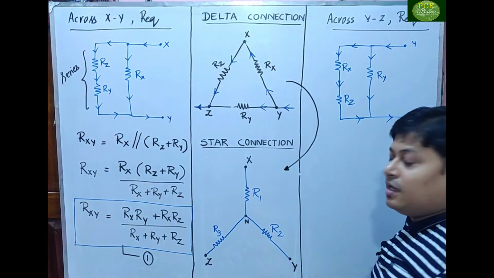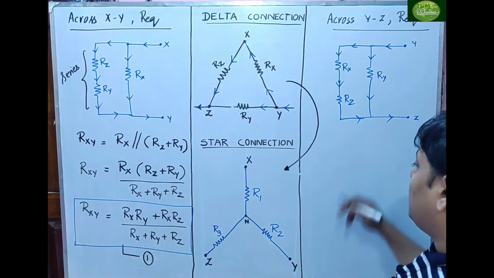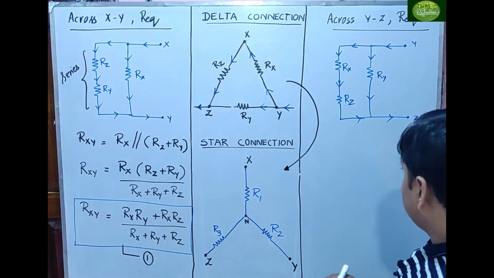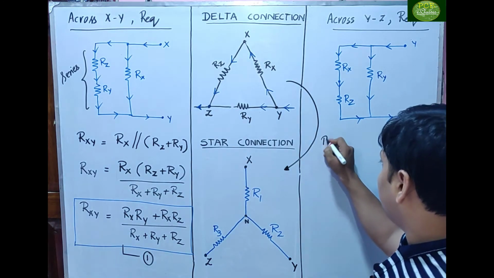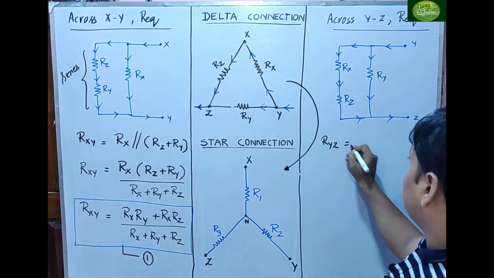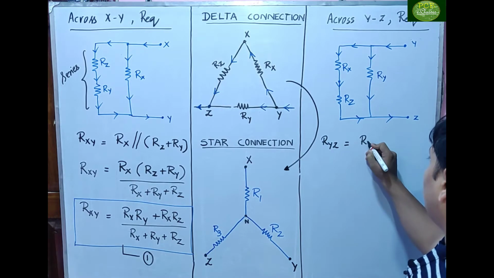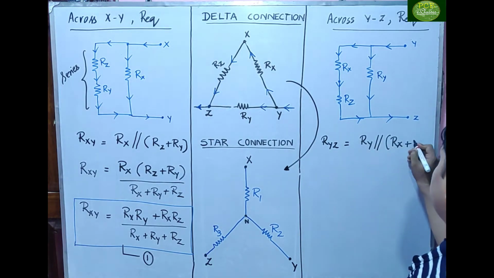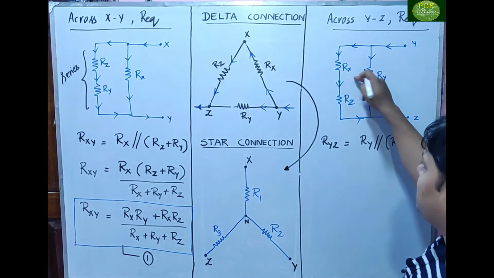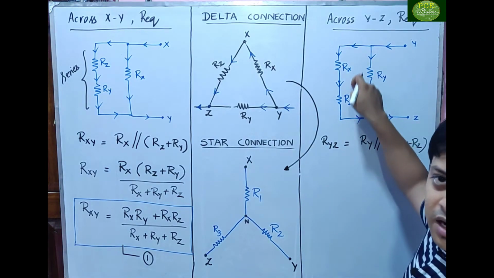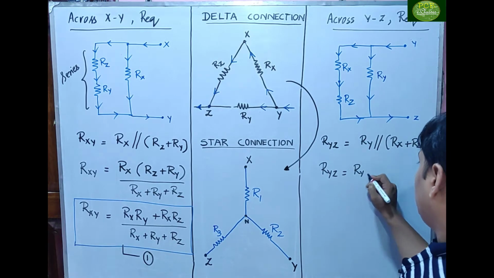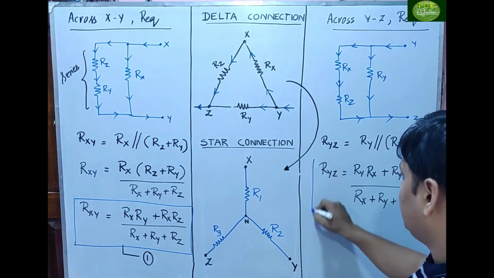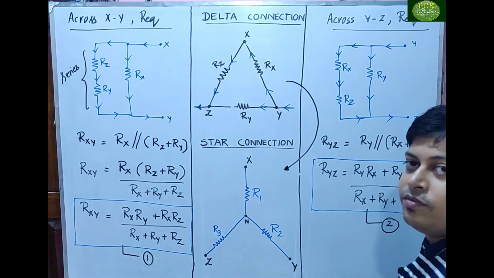This is the current direction. So what will be the R across YZ, R equivalent? So that I am writing down as RYZ. That will be equals to RY parallel with Rx plus RZ. Why Rx plus RZ? Because these two are in series. Fine.